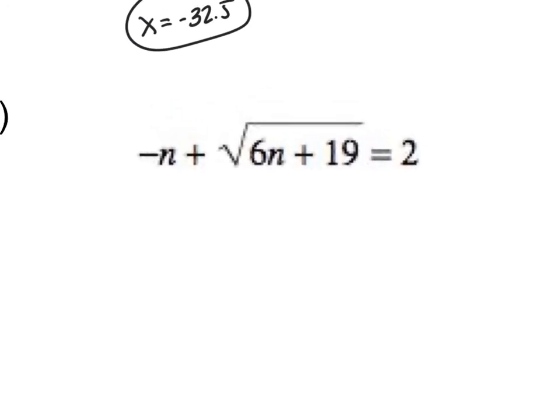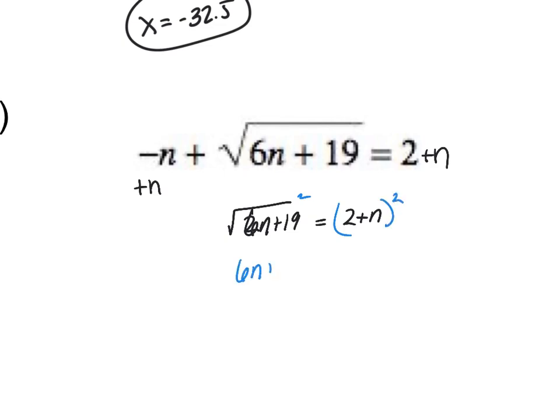23, I want to go ahead and add the n to both sides. So the square root of 6n plus 19 equals 2 plus n. We're going to go ahead and square both sides.